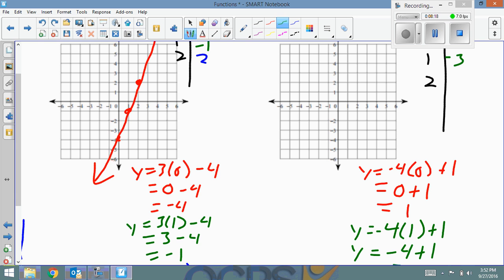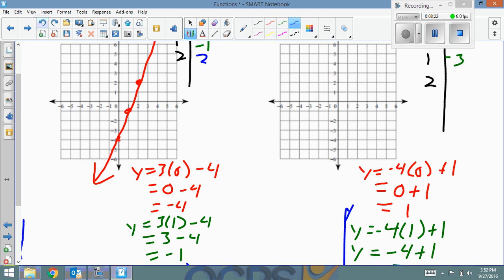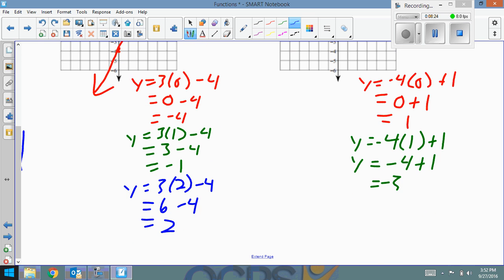The last one was x is 2. So it's -4 times 2 plus 1, which is -8 plus 1, which gives me -7.